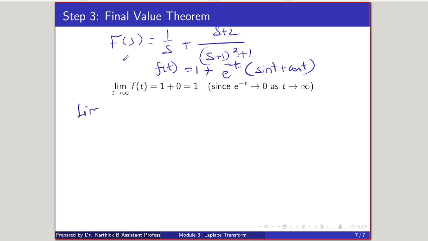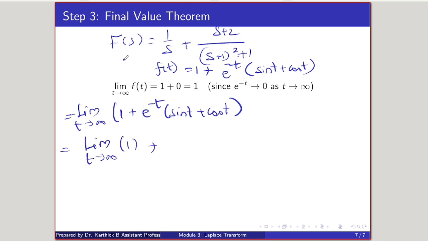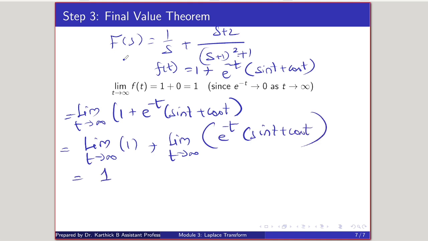If I take the limit t tends to infinity for this function, what will happen? Limit t tends to infinity of 1 plus limit t tends to infinity of e power minus t (sin t plus cos t). We can split this term. The limit of any constant will be the same constant again. So if I substitute t equal to infinity, what will be there? e power minus infinity, then sin infinity plus cos infinity.